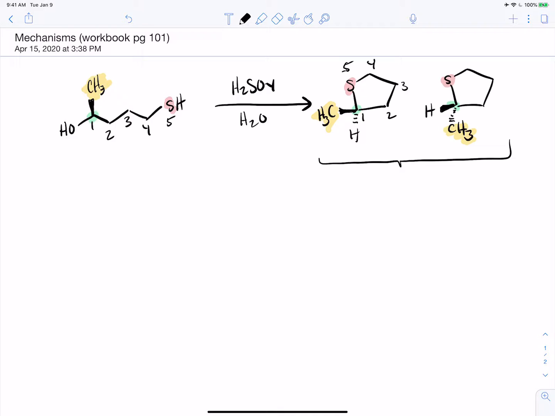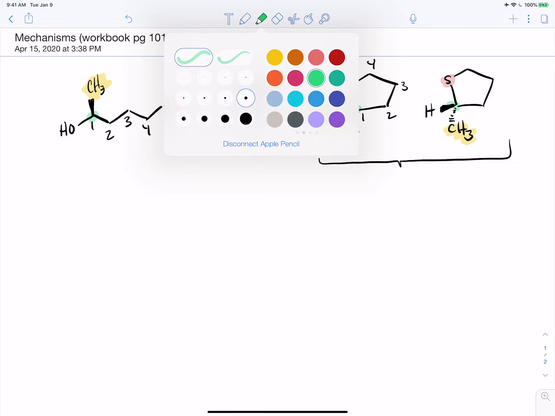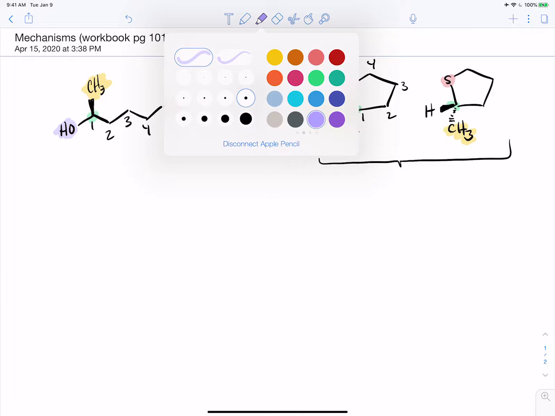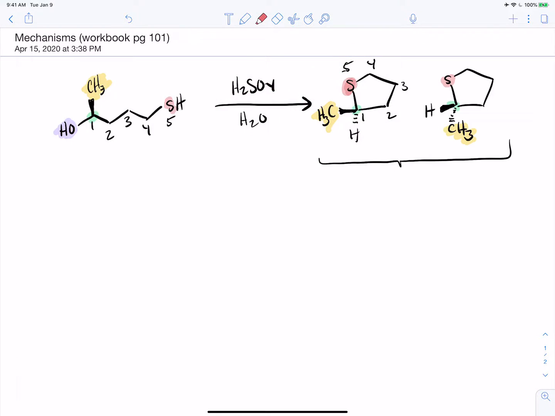So this looks like an intramolecular substitution reaction. You'll note that the hydroxyl group, which is there, is gone when we get to the products. There is no alcohol functional group in the products, and it's been substituted for by the sulfur.